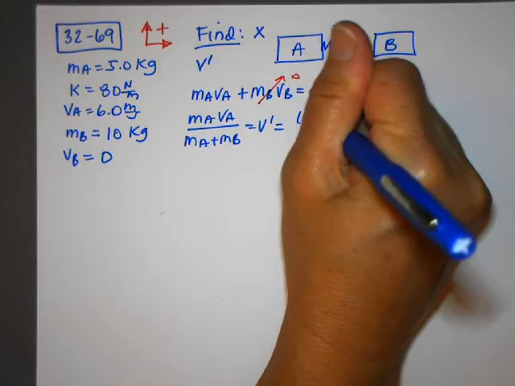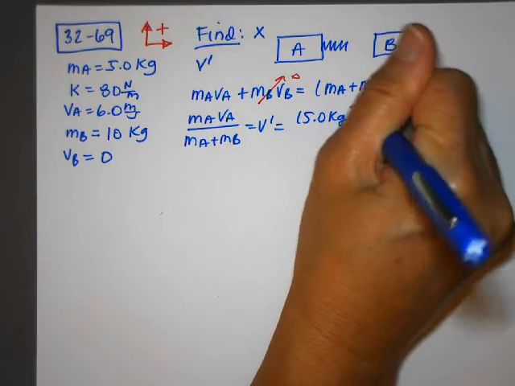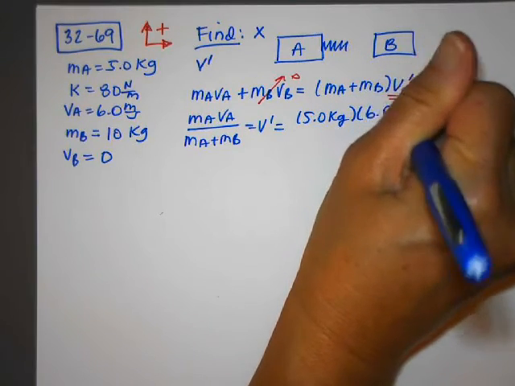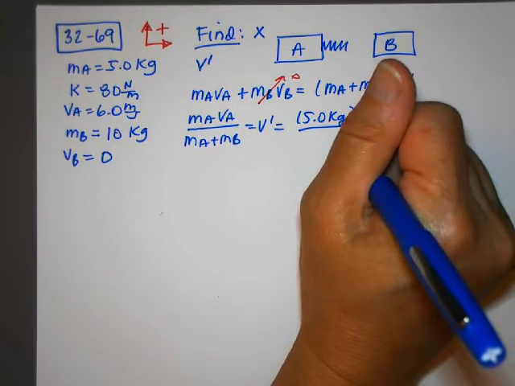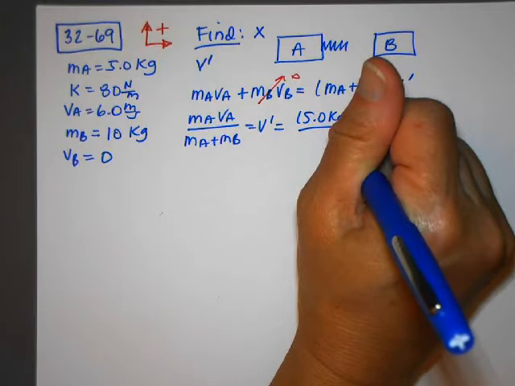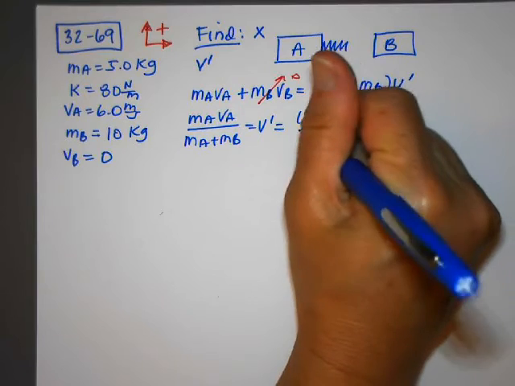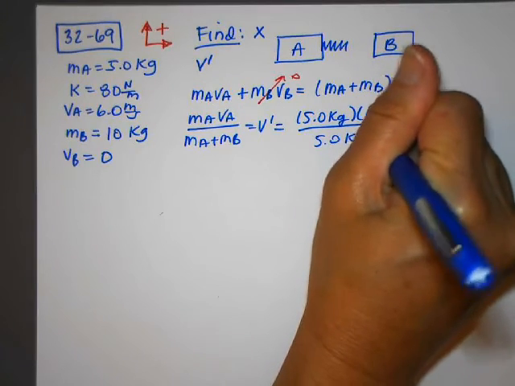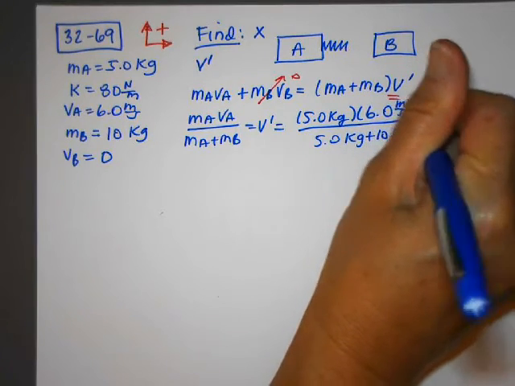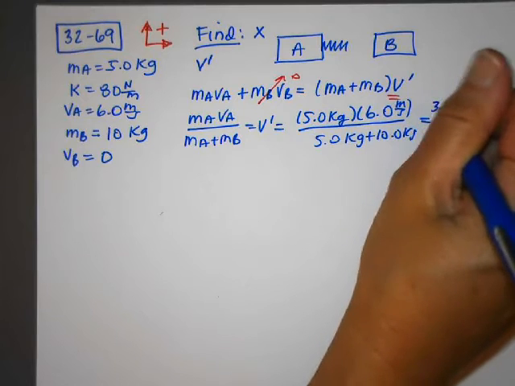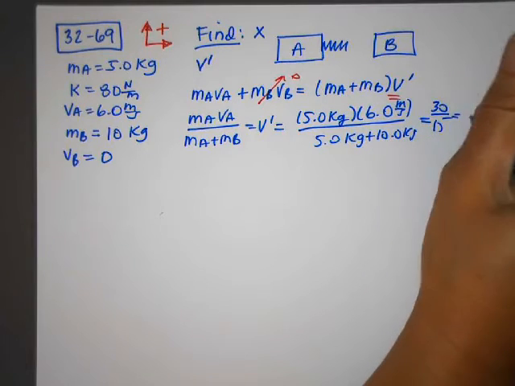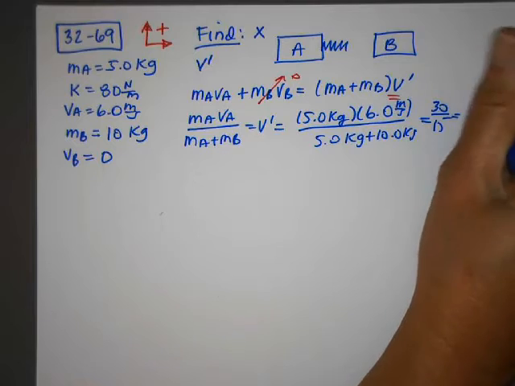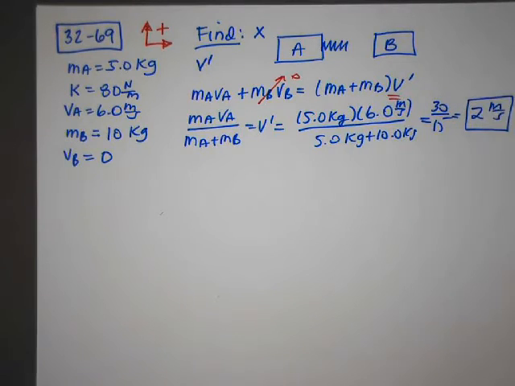So 5 kilograms times 6 meters per second divided by 5 kilograms plus 10 kilograms. So it's 30 divided by 15, which is going to be 2 meters per second. And because it's positive, I know that means it's going to the right.